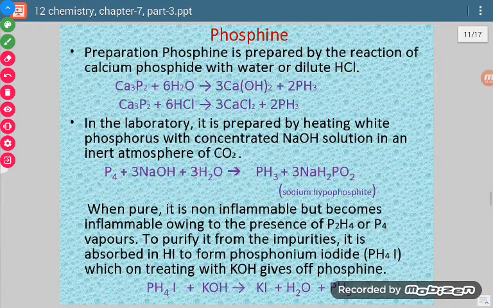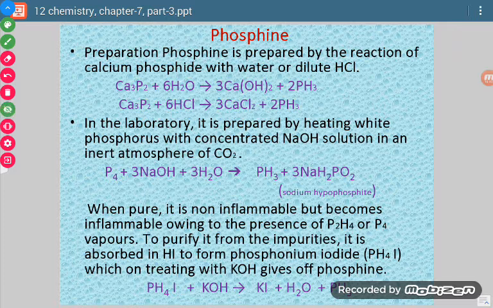Now let us come to the next thing, phosphine. How can we prepare phosphine? Phosphine can be prepared using calcium phosphide. If we put calcium phosphide in water, phosphine is formed.